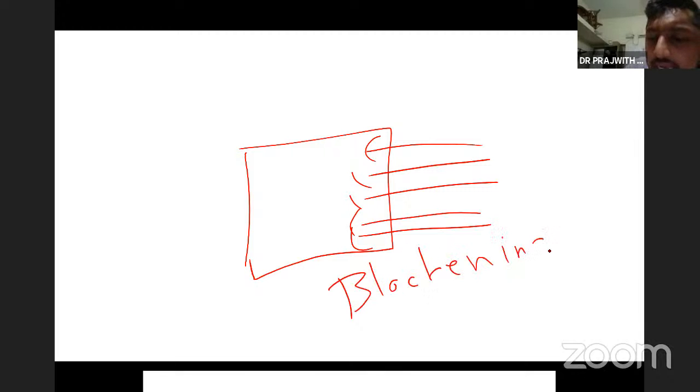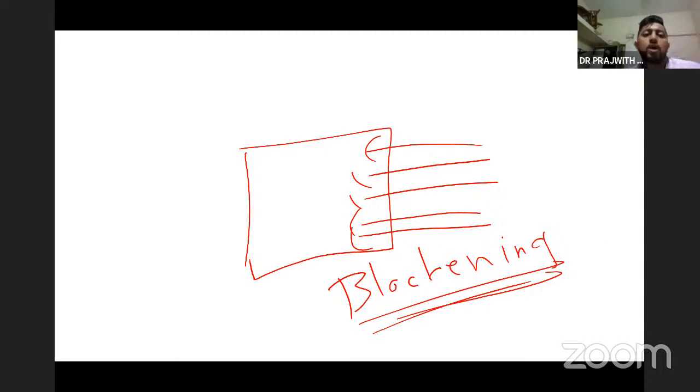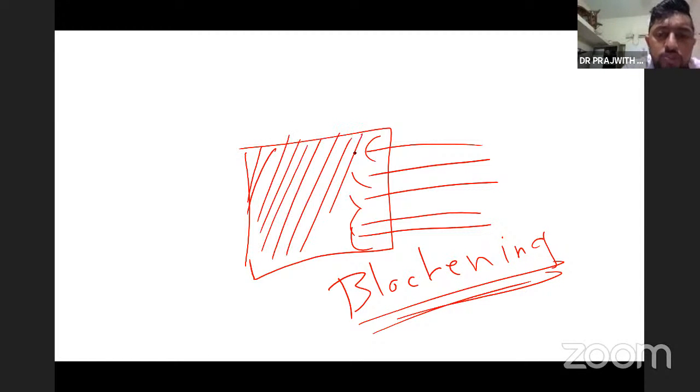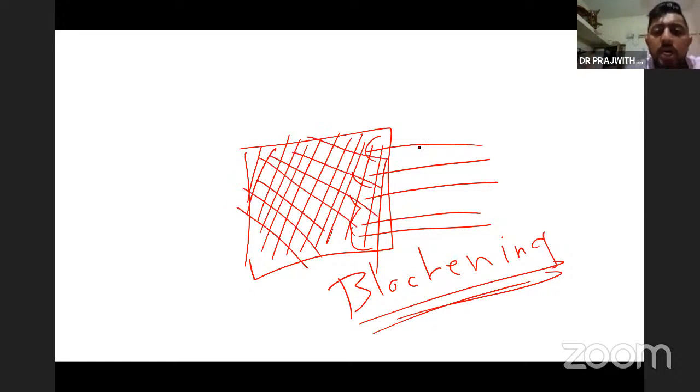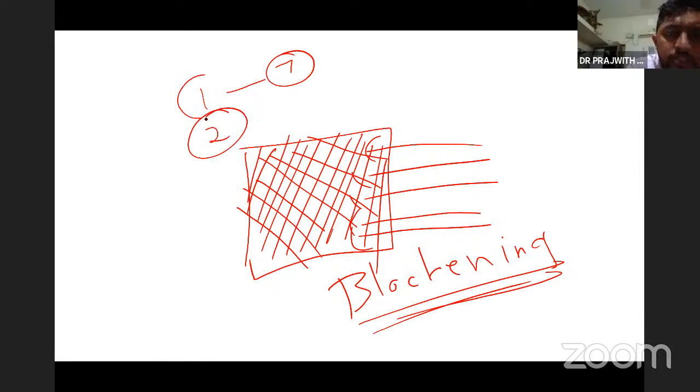Now there is an increase in the blackening of the film, and the film turns blacker. So this is what we see here. The blackening of the film is what we see here. Now, this increase in the blackening is because if at 1 second, 7 X-rays are hitting, when I expose the same amount of X-rays at 2 seconds, 14 X-rays are hitting.